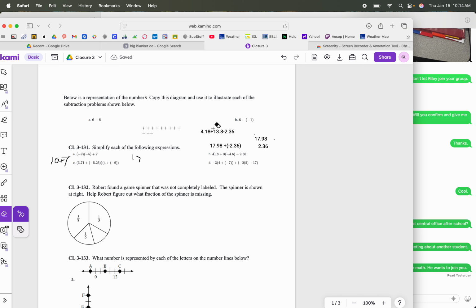Since that's a negative and my 2 and 36/100ths are negative, I can combine those. I'm actually going to use the text box. That way it's so much easier to read.